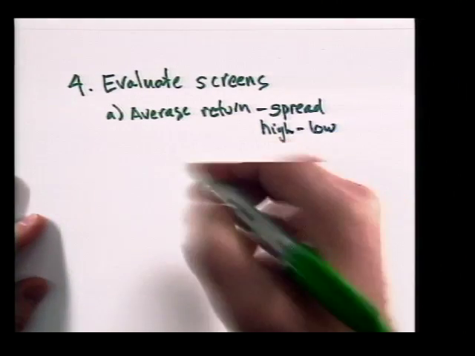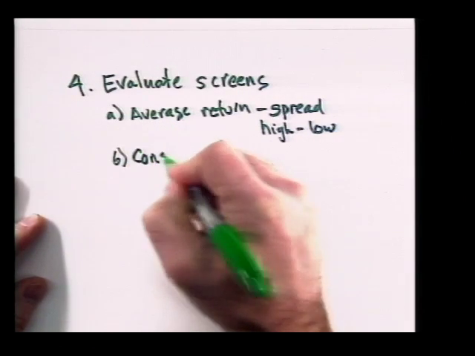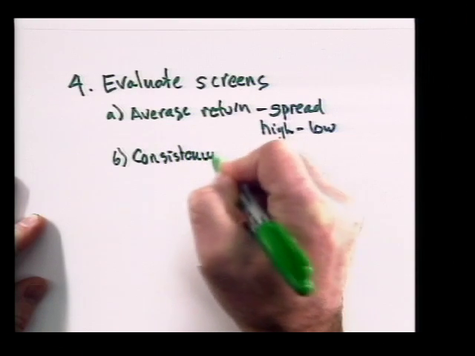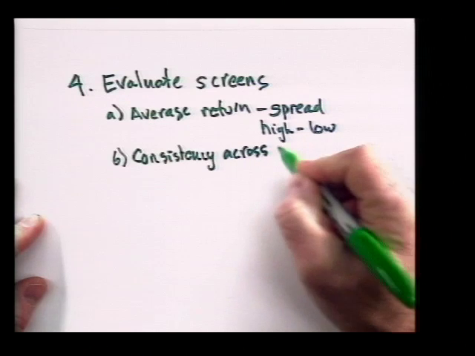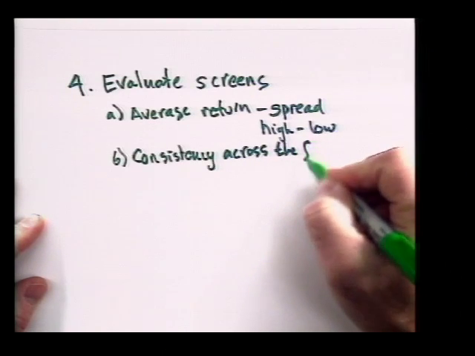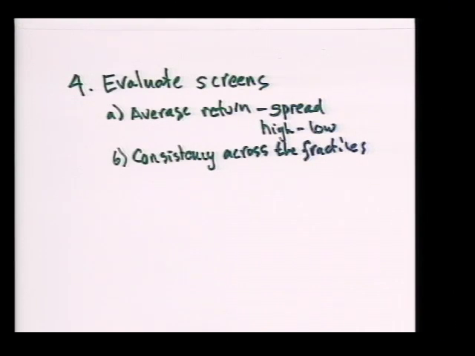Number 2, I look for consistency across the fractiles. Okay, so what do I mean by that? Let's say I've got 3 fractiles that have sorted all the securities into 3 fractiles.